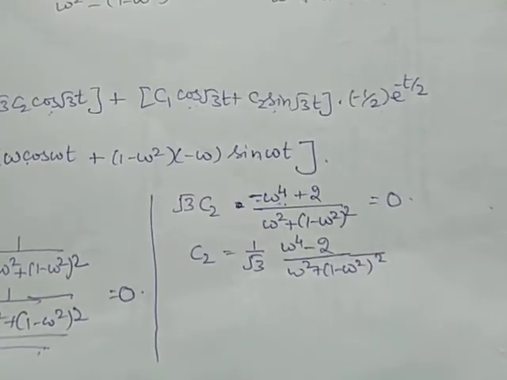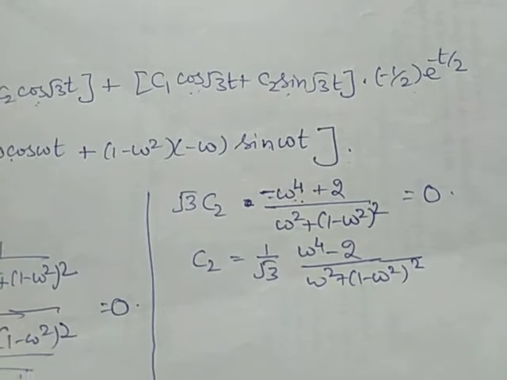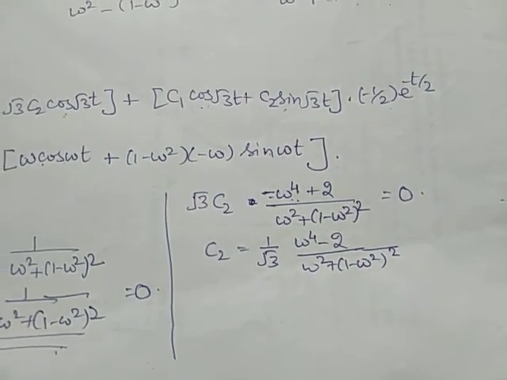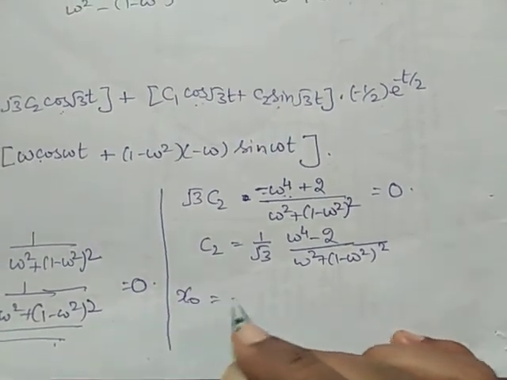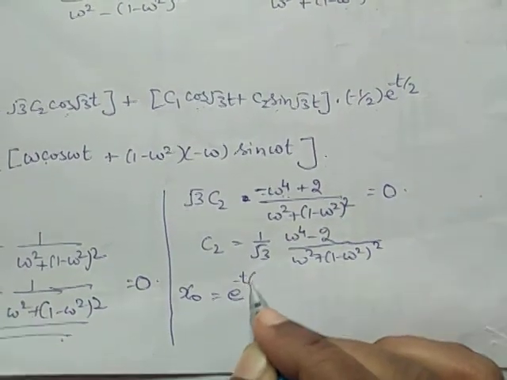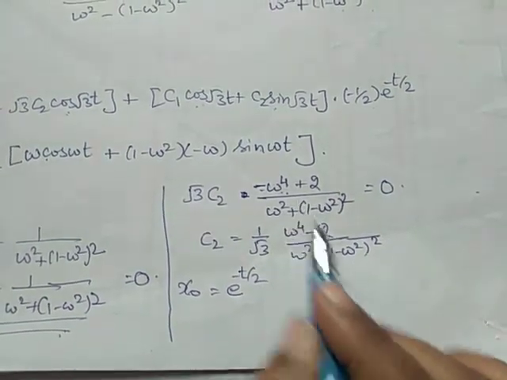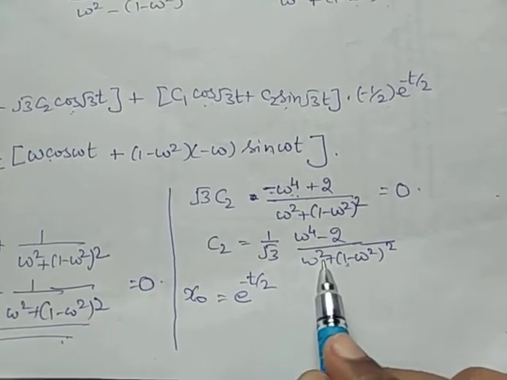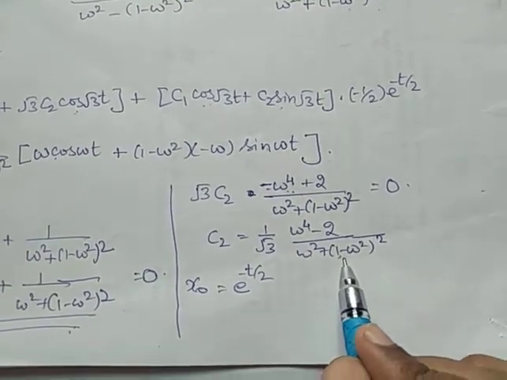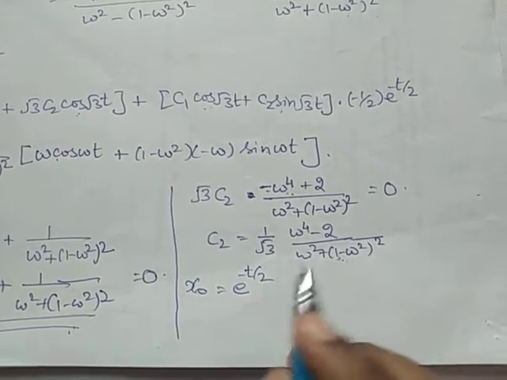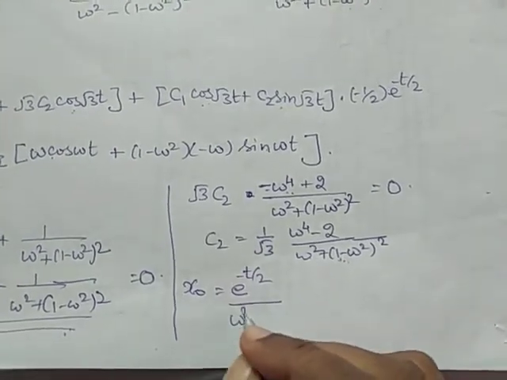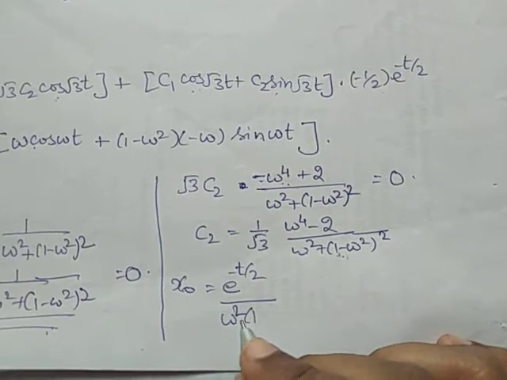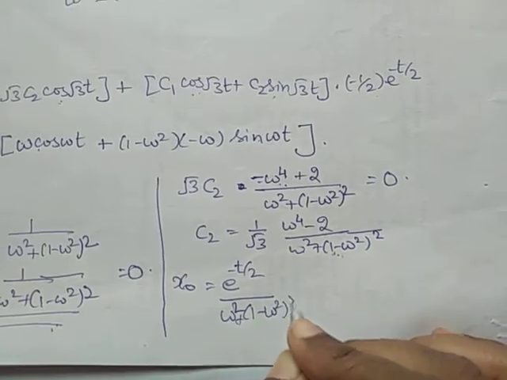We got the value of C1, we got the value of C2. We will substitute in x naught. So x naught is equal to e power minus t by 2. I will take these two terms common. C1 is also having 1 by (omega square plus 1 minus omega square), C2 is also having that term. Therefore (omega square plus 1 minus omega square) whole square.